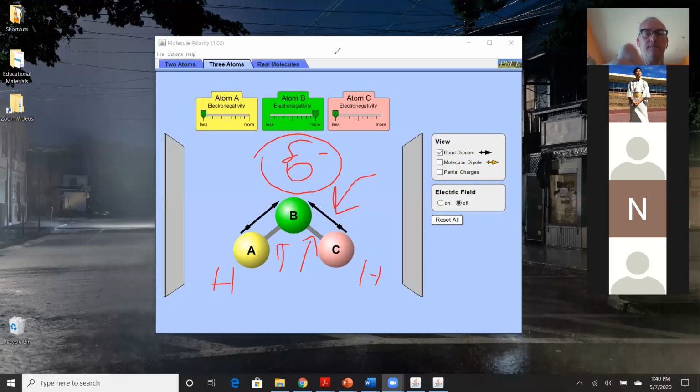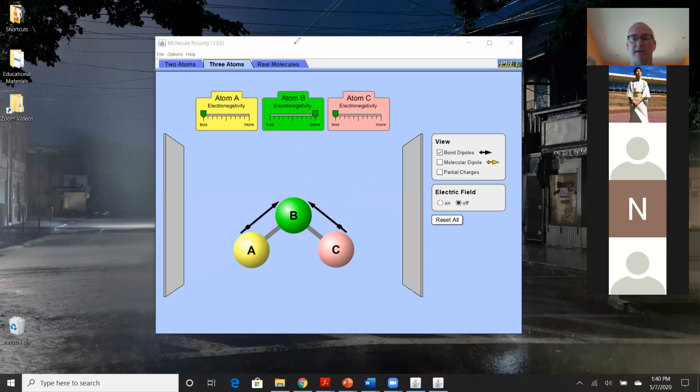Straight upward. Yeah, it's going to be straight up. And it's going to be slightly larger than either one, but not quite as large as both of them added together, because they're at an angle, right?